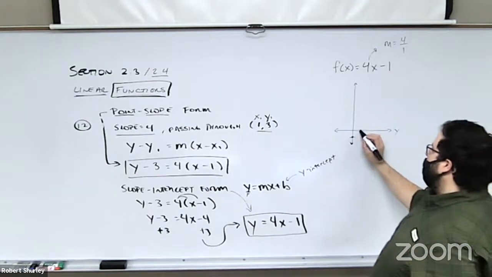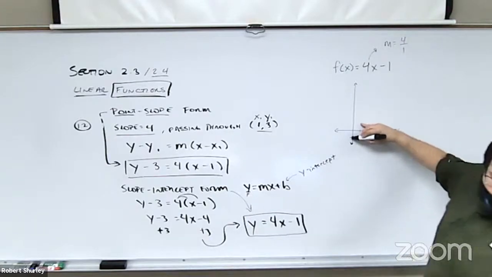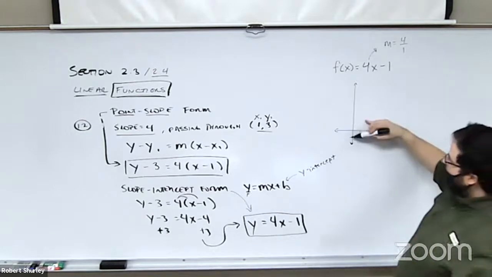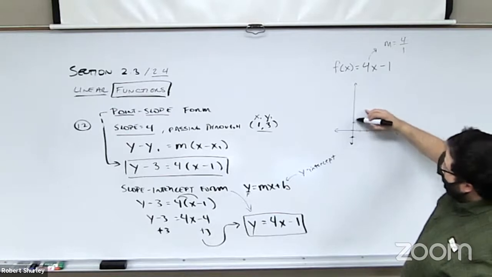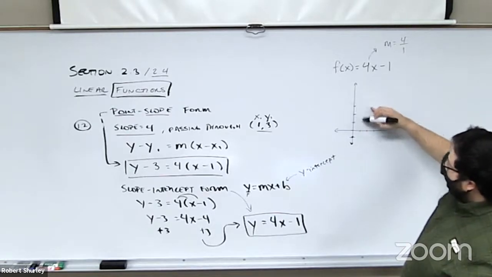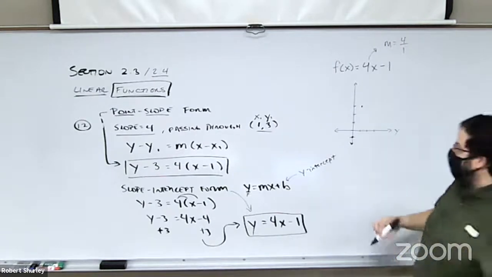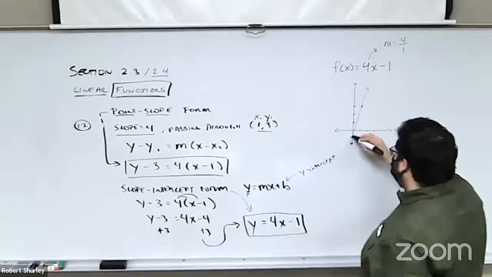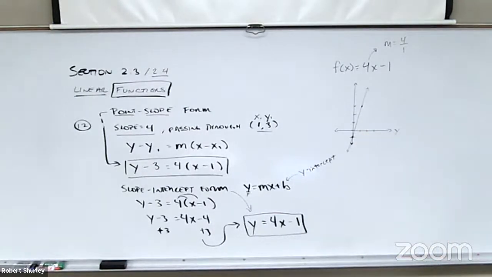So I have to start at the y-intercept, not at the origin, and I'm going to go up 4 and then over 1. So up 1, 2, 3, 4, and then over 1. And I've got another coordinate on my line. Bam. There's the graph of my line. Okay, kind of neat.